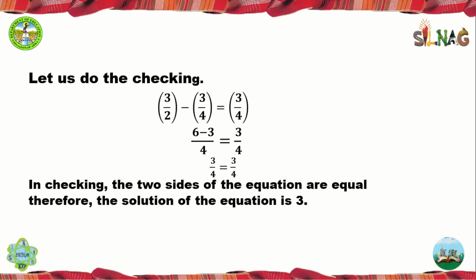Then 4 divided by 4 is 1 times negative 3 is negative 3 is equal to 3/4. Then 6 minus 3 is 3 over 4 is equal to 3/4. So the two sides are equal. Therefore, the solution of the equation is 3.